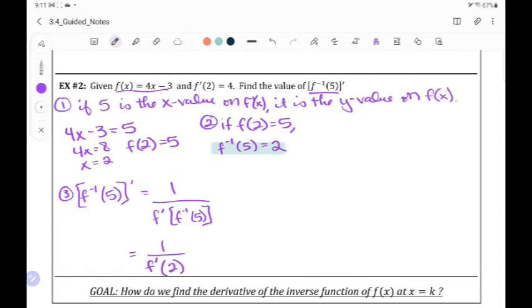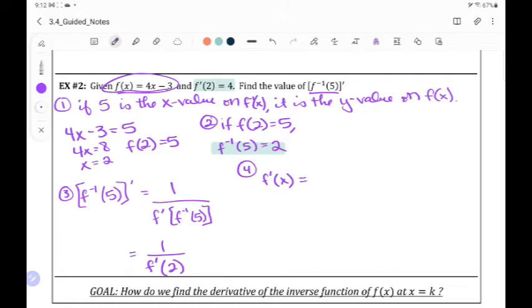Now, what's the good news? I can get f prime, right? Think about it. We can take the slope, the derivative of this function. So f prime of x, this is going to be number 4. F prime of x equals 4, because remember they told us it right here at the beginning.